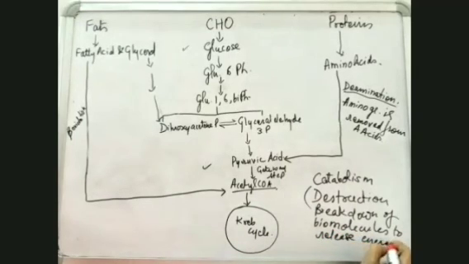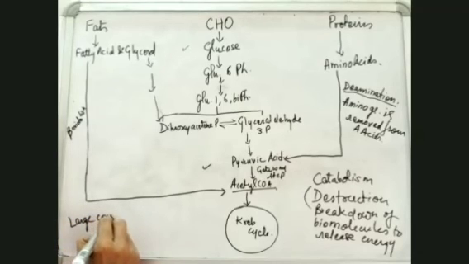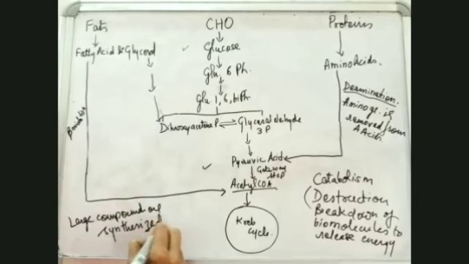So we call it catabolism. In anabolism, synthesis is taking place. Some large compounds are synthesized. So we call it the anabolic pathway, anabolism. So both are taking place simultaneously together.